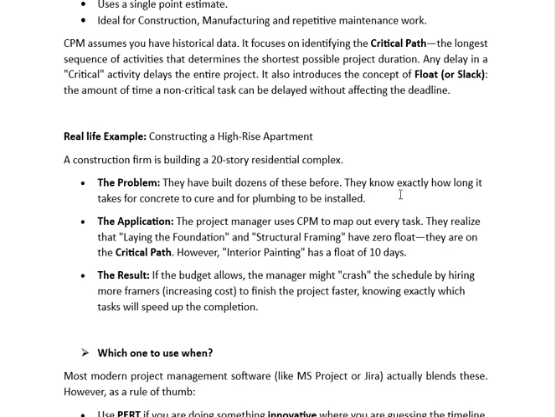They know exactly how long it takes for concrete to cure and for plumbing to be installed. So there are many high-rise apartments constructed in the past, and they can use historical data from there, like how much concrete is used and how much time the plumbing is required. So there is historical data which can be used here.